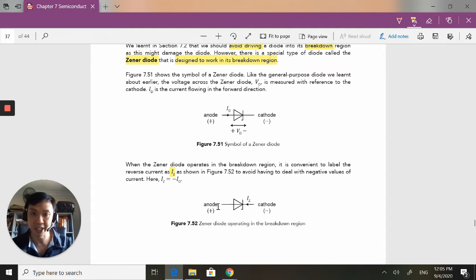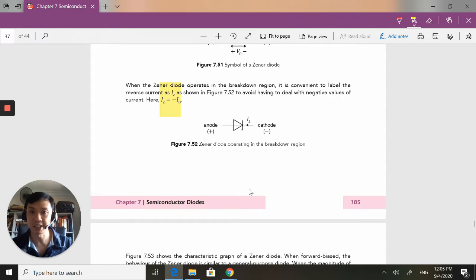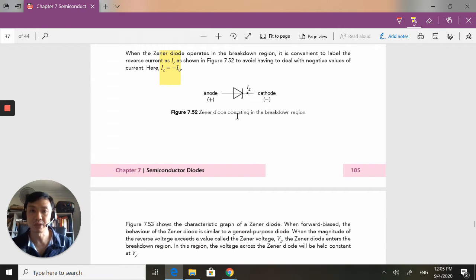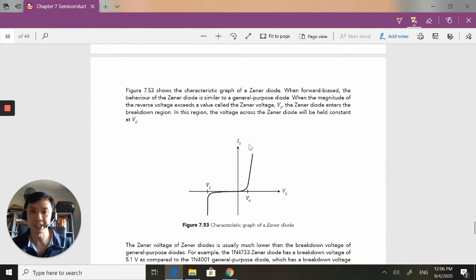It's from the cathode to the anode, and you can write that as IZ equals the negative of ID, negative being in the opposite direction. Now, take note that this IZ only happens in the breakdown region. I'll explain to you later what it means.